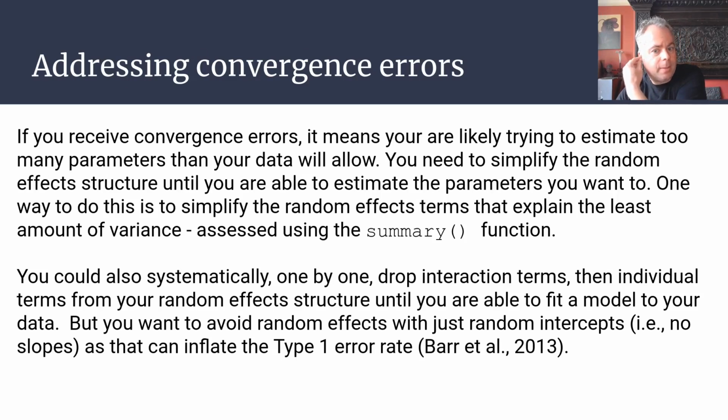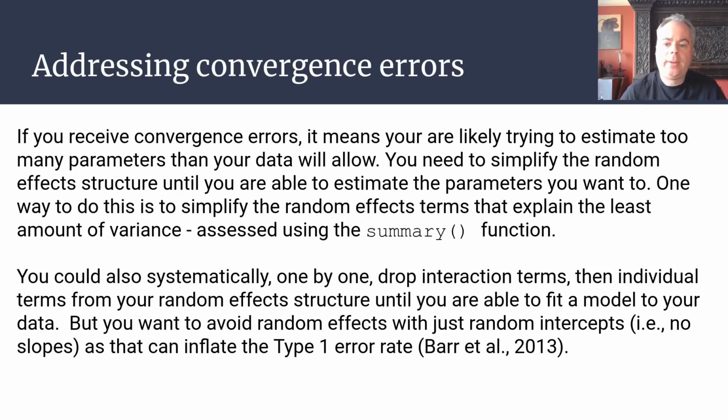I just want to spend a minute or so now talking about one of the common issues that you're going to come across when you're building mixed models. It's to do with these convergence errors, where the model isn't able to settle on a stable solution to provide you with the parameter estimates you're interested in.